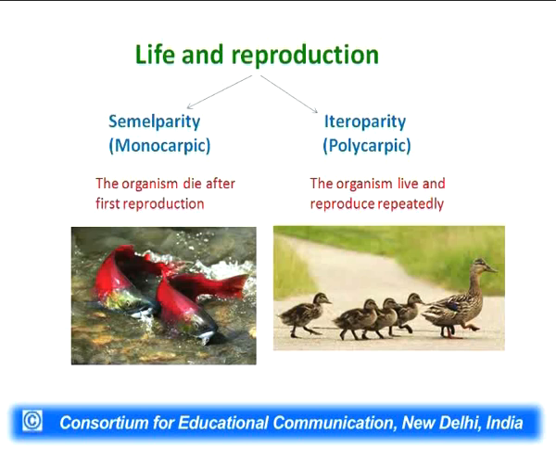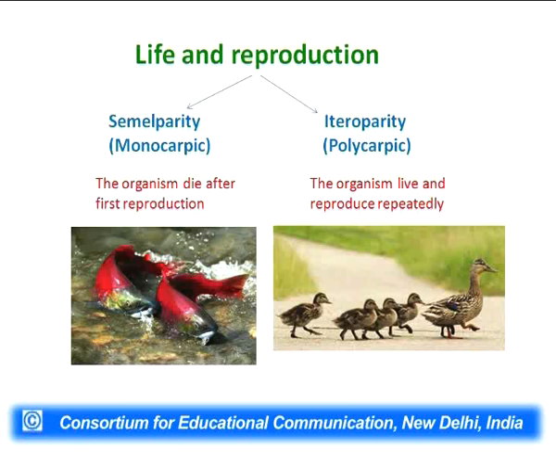So, the basic concept of semelparity is to make as many offspring as possible in one go, so that they do not have to depend on a second round of reproduction. In contrast, iteroparous organisms try to maximize their offspring by giving rise to them sequentially.